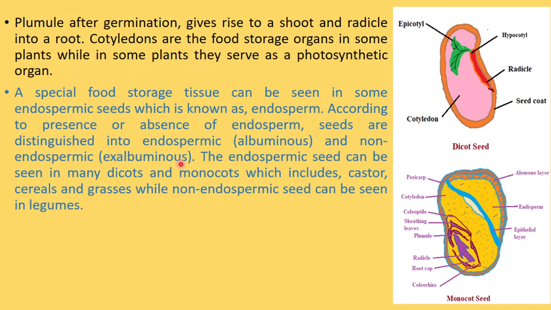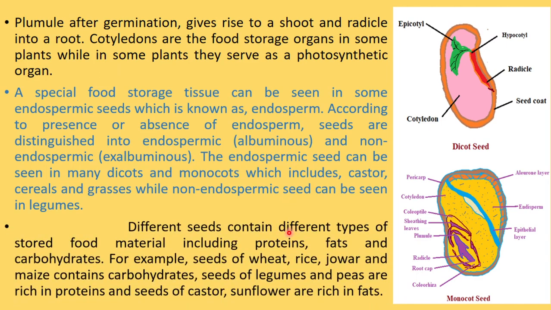So when endosperm is present, it is known as an endospermic seed or albuminous seed, and when a seed lacks endosperm, it is known as a non-endospermic seed, or exalbuminous seed. Endospermic seeds can be seen in many dicots and monocots, which include castor, cereals and grasses. They contain endospermic seeds, while non-endospermic seeds can be seen in different types of legumes.